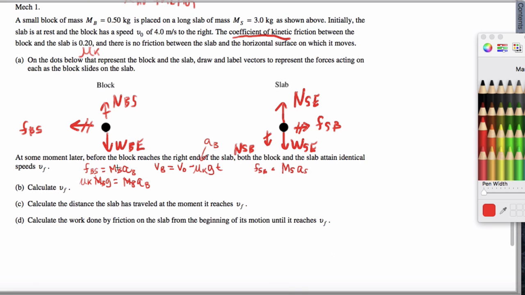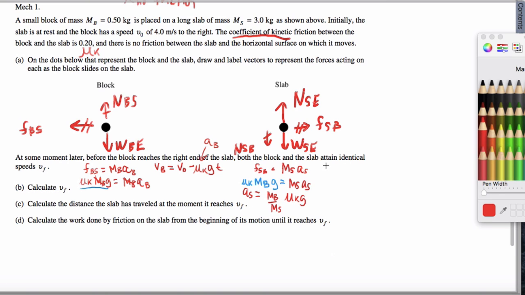And let's be careful. The friction on the slab due to the block is the third law partner force here. So this is going to be mu kinetic times mass of the block times g equals mass of the slab times its acceleration. So the acceleration of the slab is going to be mb divided by ms times mu kinetic times g.